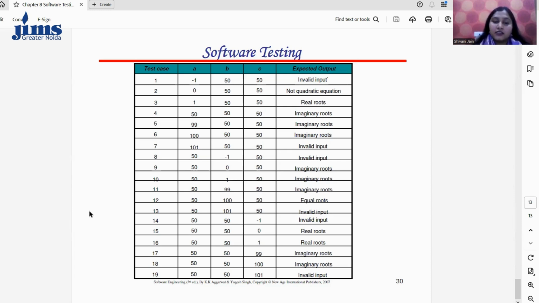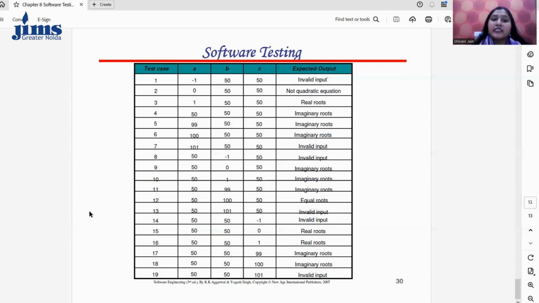In the A test, basically the boundary values of A are -1, 0, 1, 50, 99, 100, and a little above the boundary, that is 101. And the expected output is also written. From 8 to 13, we test the boundary values of variable B by keeping the nominal values of A and C. And from 14 to 19, we are testing the boundary values of C.